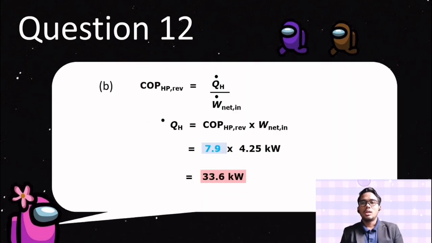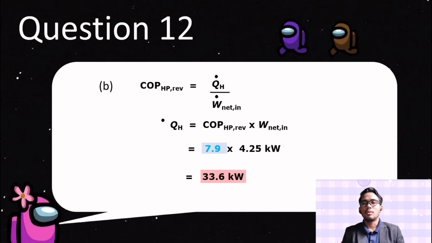For question B, as we can see, it has the same formula. So COP heat pump equal to QH over W net in. We don't have the value of QH, so we rearrange the formula, which is COP HP times W net.